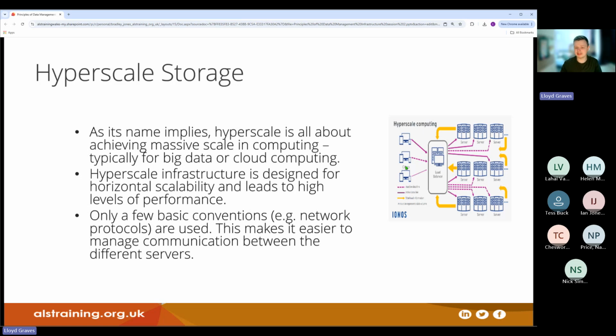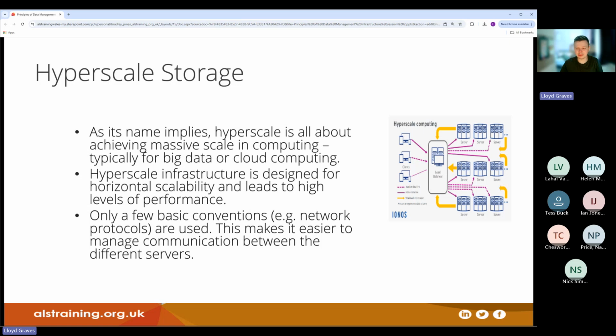As you can see in the image, it'll be lots and lots of different servers. They all connect to a load balancer, and then those will all connect to different devices, typically through the internet.